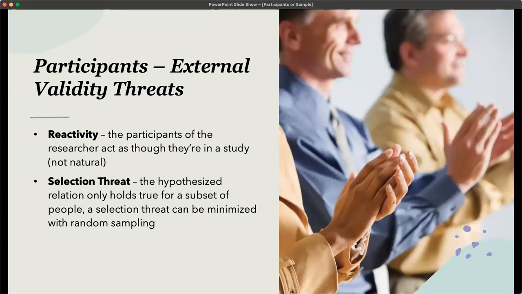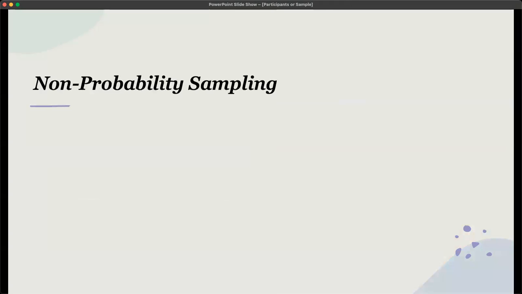So the hypothesized relation only holds true for a subset of people, and a selection threat can be minimized with random sampling. So when we look at random sampling, there's various ways to do random sampling, such as taking the third number on each list, or just randomly dividing into groups.